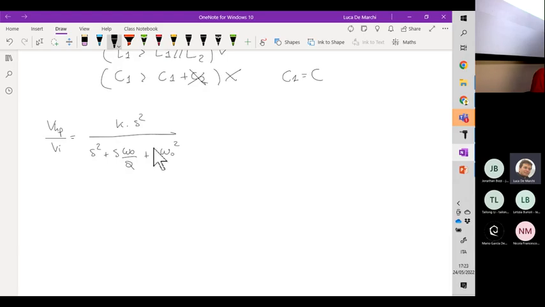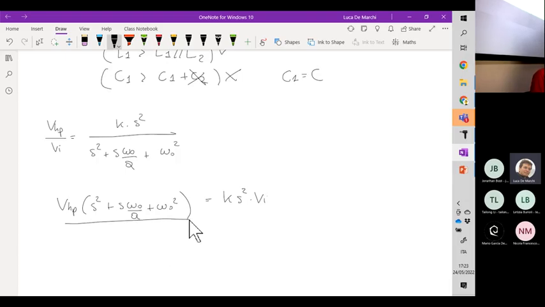If we move this denominator to the left-hand term and VI to the right-hand term, we get this formula: VHP, which multiplies S^2 plus S omega0 over Q plus omega0^2, is equal to K S^2 times VI.